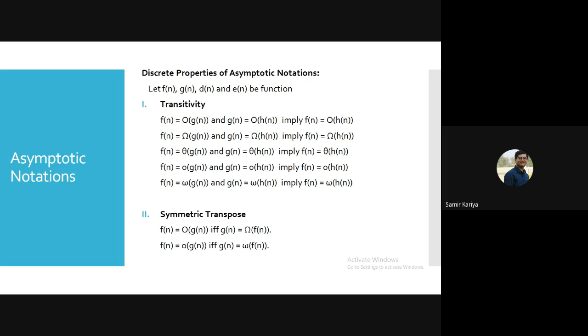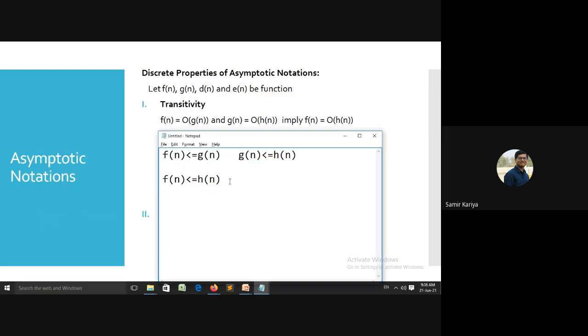Symmetric transpose. Symmetric transpose, that means for the given one, you can also write that g of n is greater than or equal to f of n. Both are the same. So for the first one, you use the simple big O. And here for this function, you can use big omega.